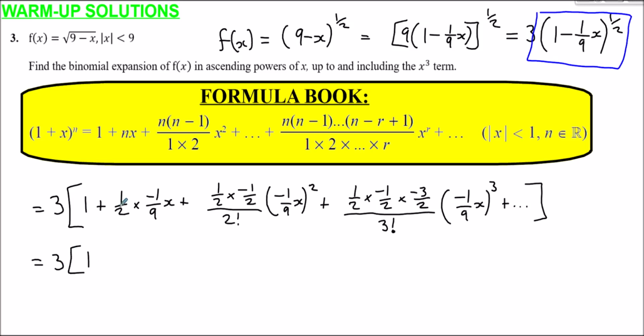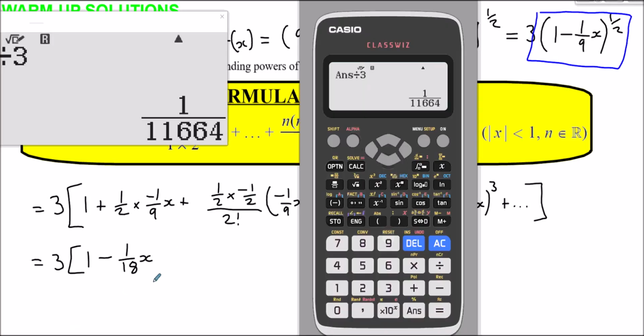1 is obviously 1. Half times minus a ninth is minus 1/18 of an x. For this one, I think I might need the calculator, so let's plug this in. On the top I've got a half, which I'll call 0.5 out of laziness, times minus 0.5, over 2 factorial.